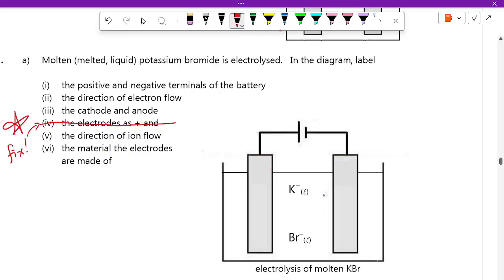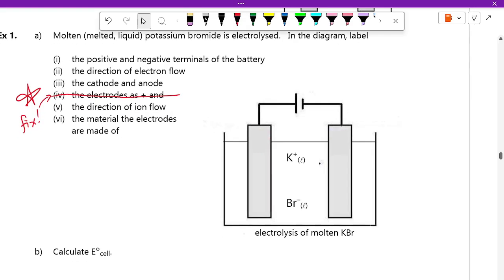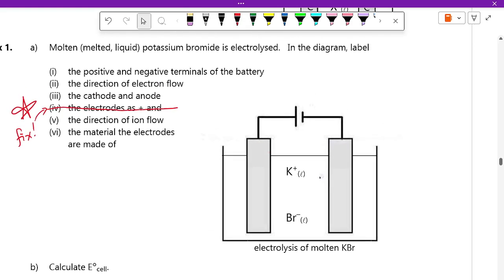And then once you've done that, you're going to calculate E naught of the cell.